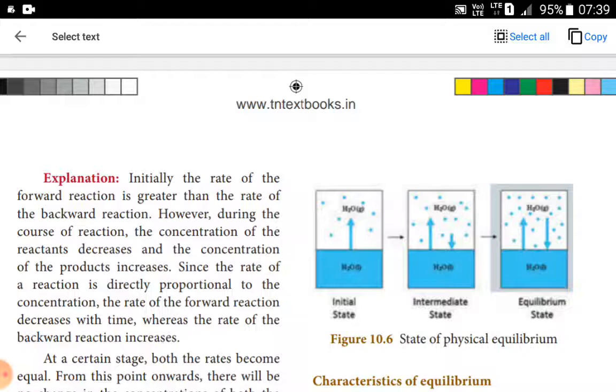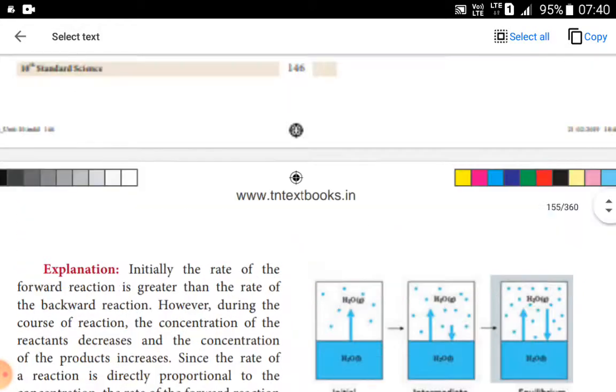Since the rate of the reaction is directly proportional to the concentration, the rate of forward reaction decreases with time and the rate of backward reaction increases. This we have already learned in the previous case.